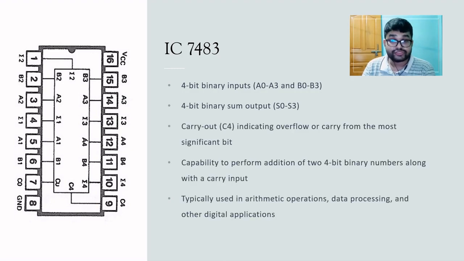Now I would like to shed some light on the role of IC 7483 in our voting system. This integrated circuit is a key player in our setup, as it serves as a full adder, a fundamental building block in digital arithmetic circuits. With its ability to perform addition on binary numbers, IC 7483 plays a crucial role in tallying votes and calculating totals.